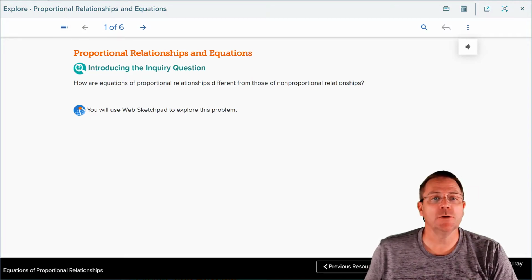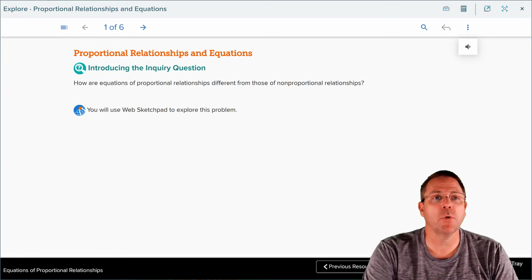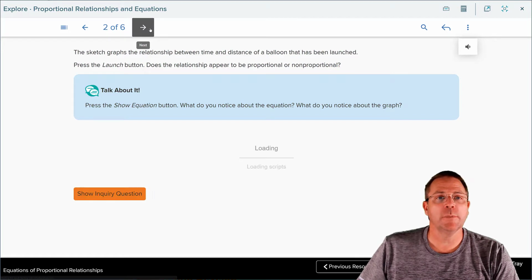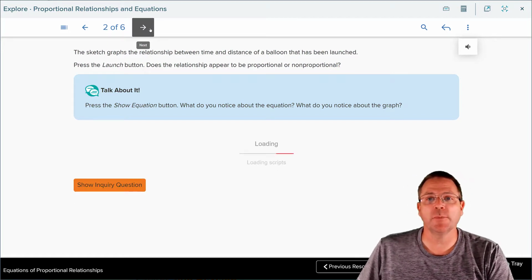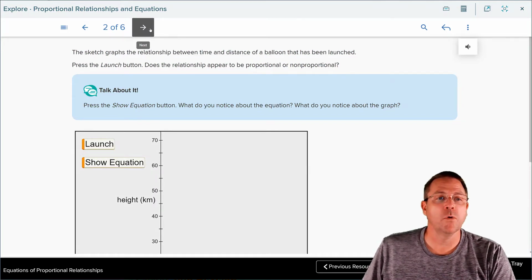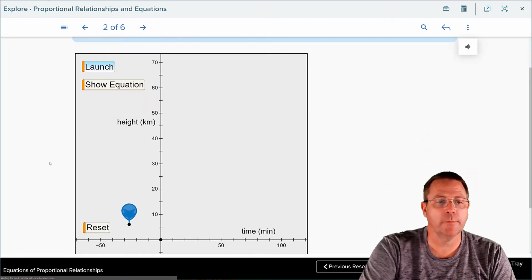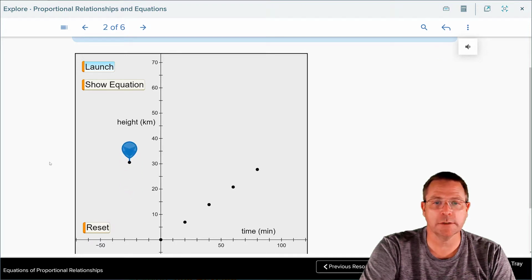And we're going to use a web sketchpad to explore this problem. Press the launch button. Does the relationship appear to be proportional or non-proportional? So let's hit our launch button here, and when we do, I'm seeing a balloon that's zigzagging back and forth as it rises, but it's making a straight line.